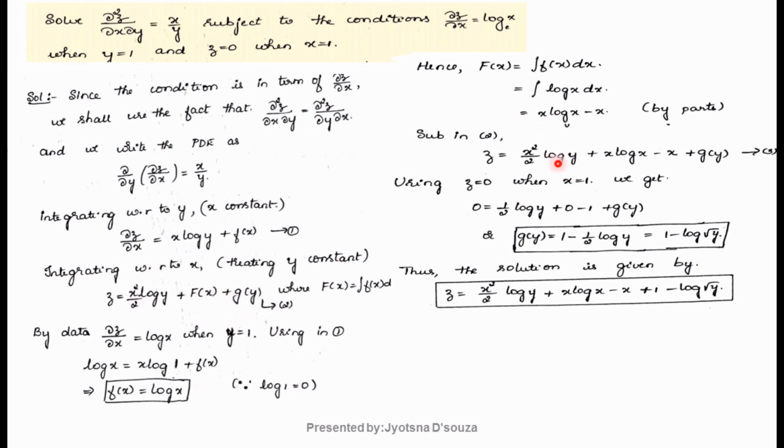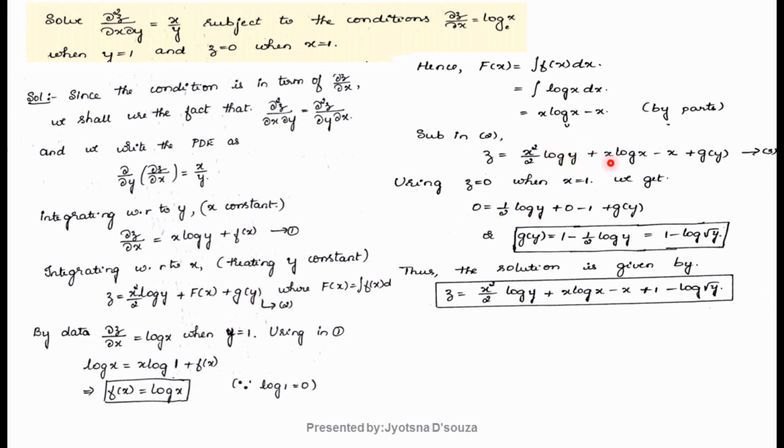Now use the second condition, that is z = 0 when x = 1. So I get 0 = (1/2) into x = 1, so 1/2 into log y, plus x is 1, so log 1 is 0, so this term is 0, minus x is 1, so minus 1 plus g(y).